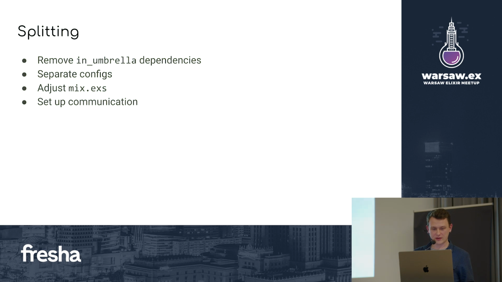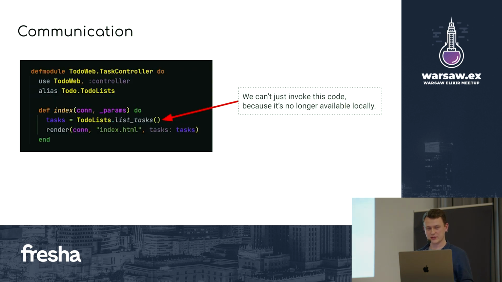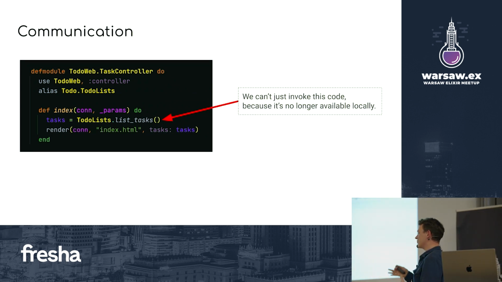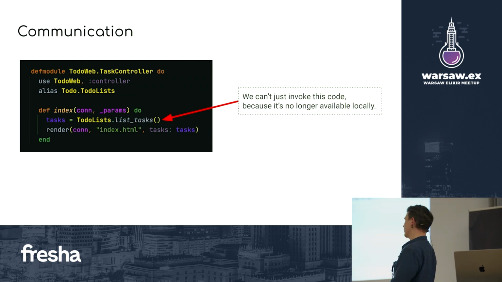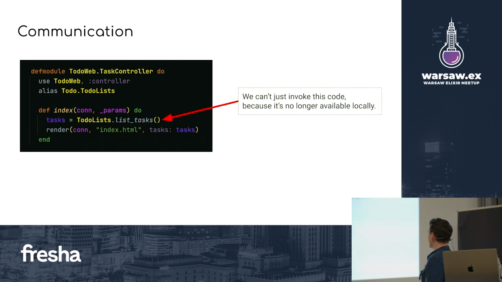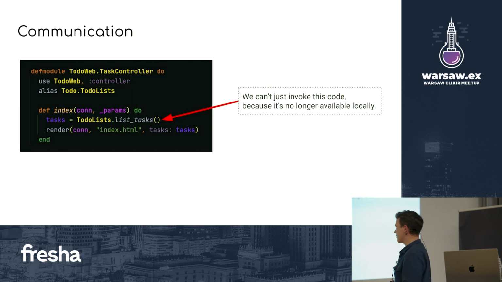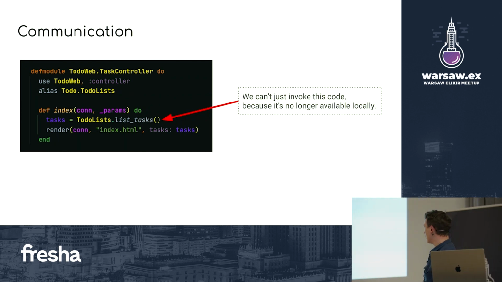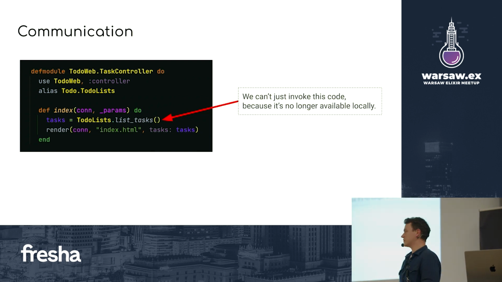And the real fun begins with tackling communication, because the code from the other application is no longer just available locally, so we can't just invoke it like that, like in this controller example. We need to take care of the communication over the network, because both applications are going to be run on separate nodes, so separate runtimes.